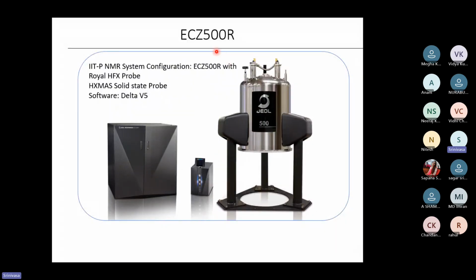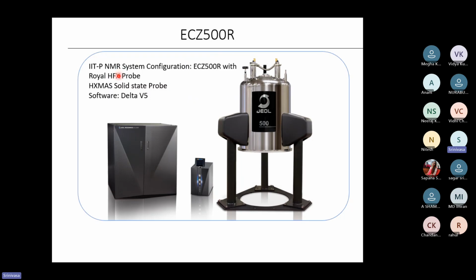IIT Patna has an ECZ 500R system. It's basically a 500 megahertz NMR, and it has both capabilities, solution state NMR and solid state NMR. In solution state, you have one of the highly advanced probes called the Royal HFX probe, where you can do proton fluorine decoupling. The interesting fact about this probe is you can do experiments with X. X is basically a broadband.